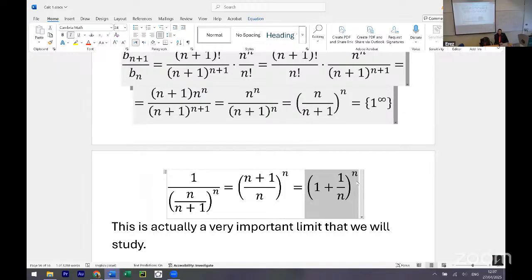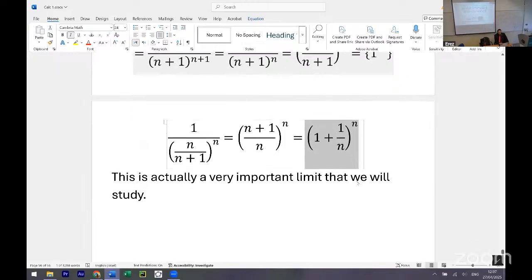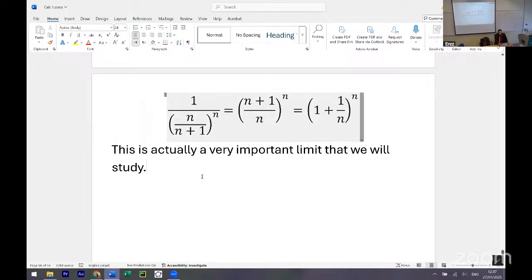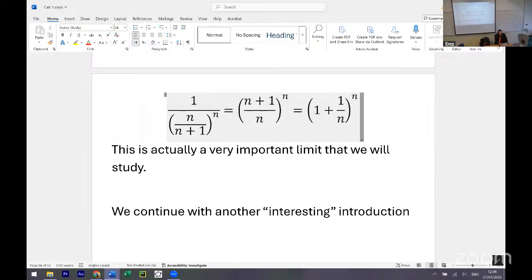That was kind of an introduction to the next subject. And we continue with another interesting introduction to the next subject, which is, no spoilers, the Euler.